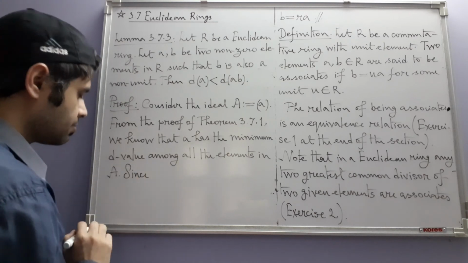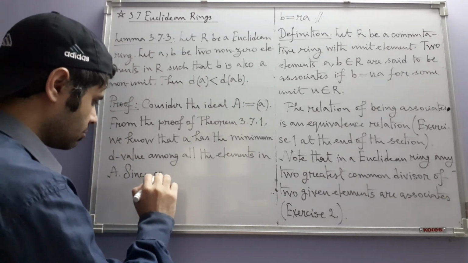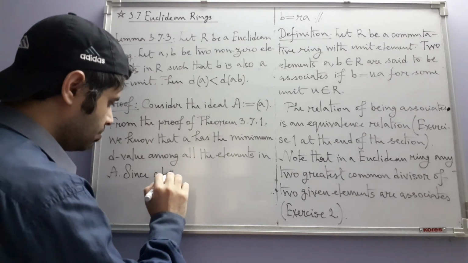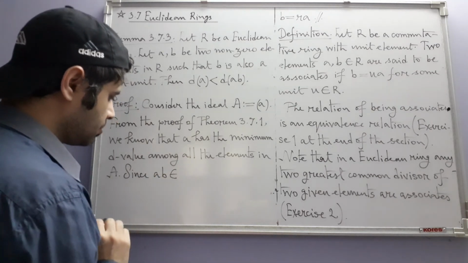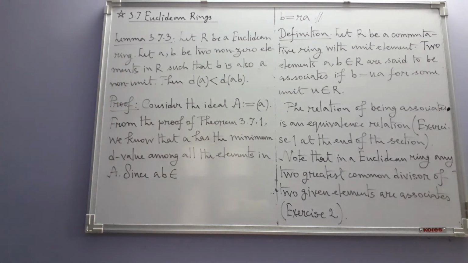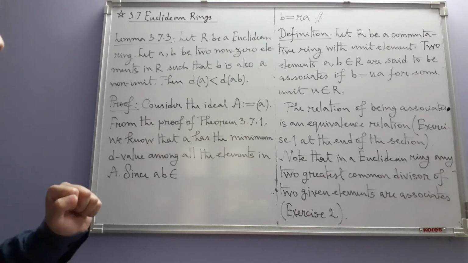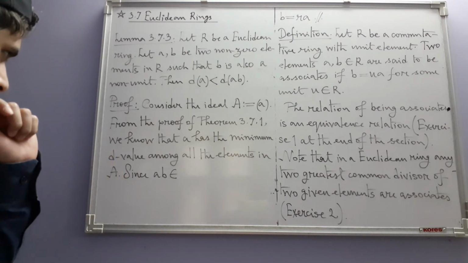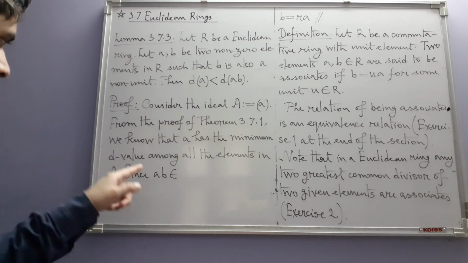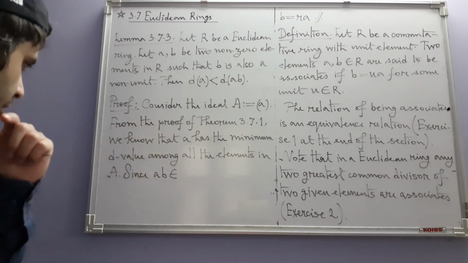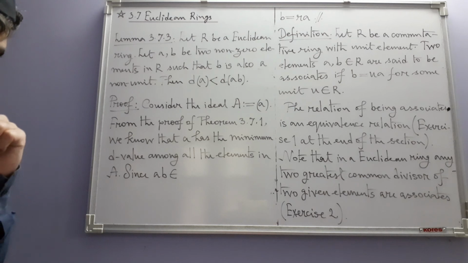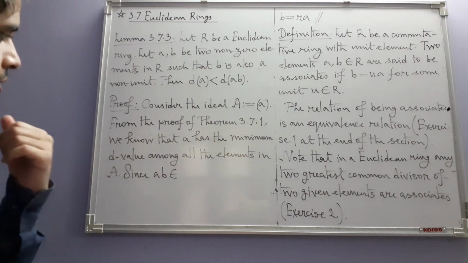Since AB belongs to, okay, so what I was going to write here is that d(A) is less than or equal to d(AB), but for that I don't need to say these things. It's because I am getting that from the first condition itself.